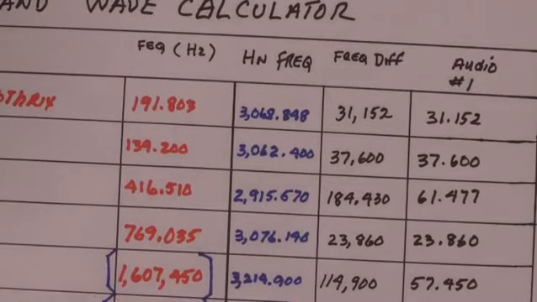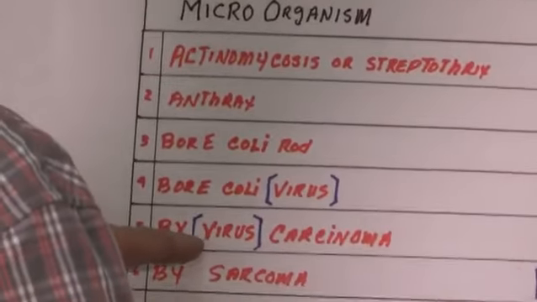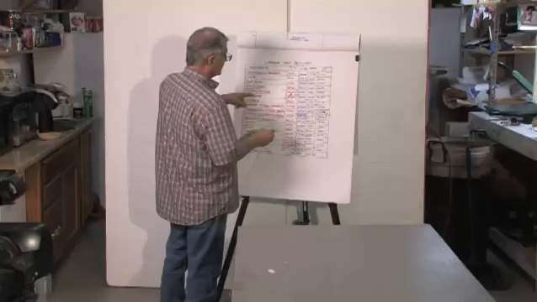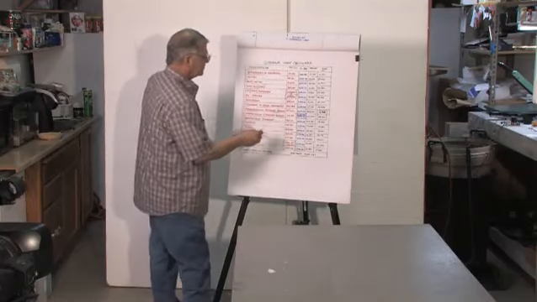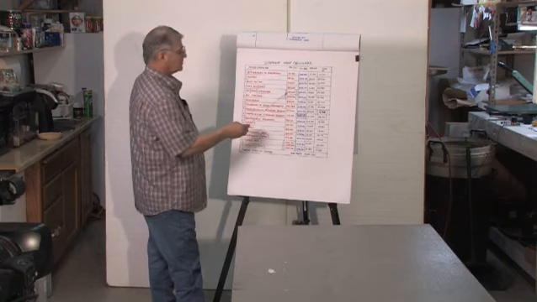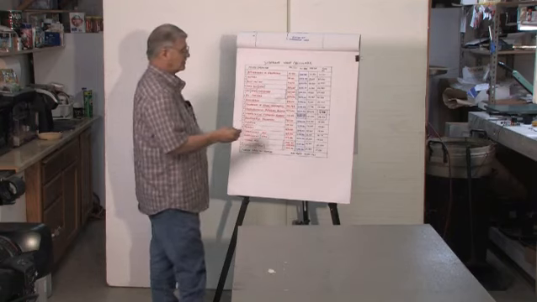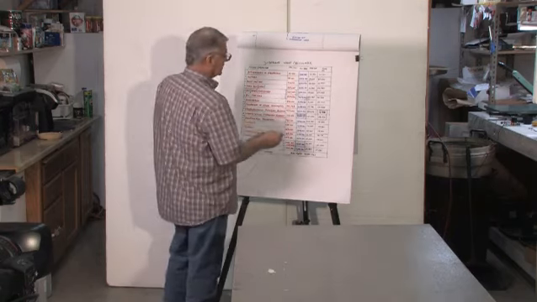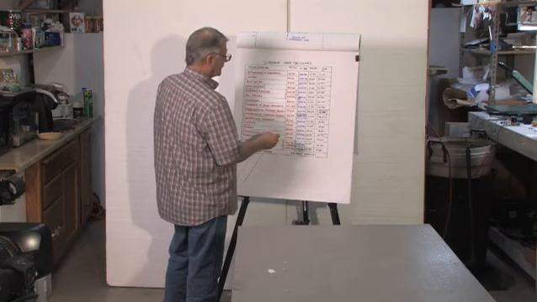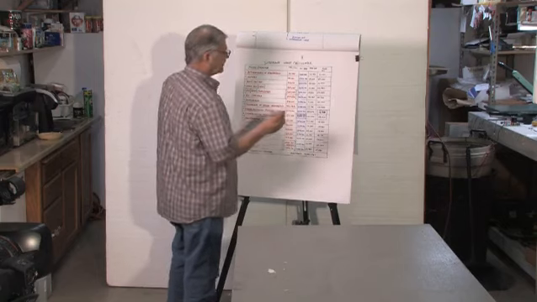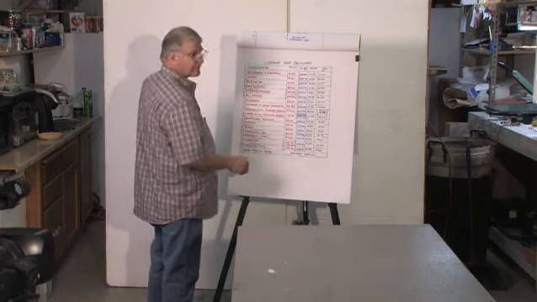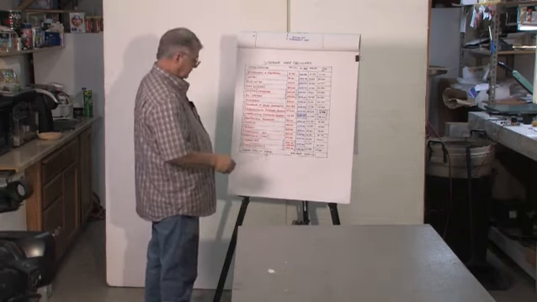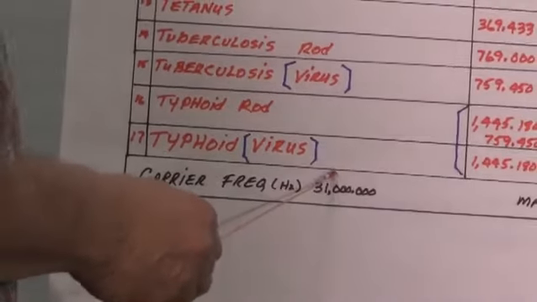So as you can see, the highest known frequency that Hoyland knew about, along with Rife after he remeasured it, was the cancer frequency, which is 1607450. And again, it's showing you that if you do this, now one thing that I have to point out, the carrier frequency here is at 3.1 megahertz.